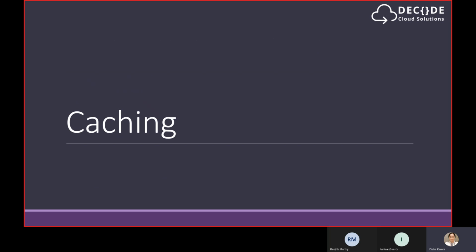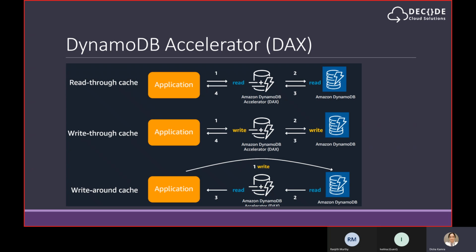Now let's move along to caching. The DynamoDB Accelerator, or as we call it, DAX. DAX is a fully managed, centralized in-memory caching solution for DynamoDB data operations. It's deployed as a cluster of instances, as you can see in the slide, in your VPC, and is available to your clients within the VPC with an IAM policy.